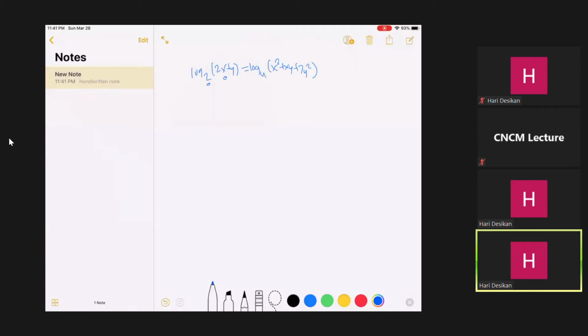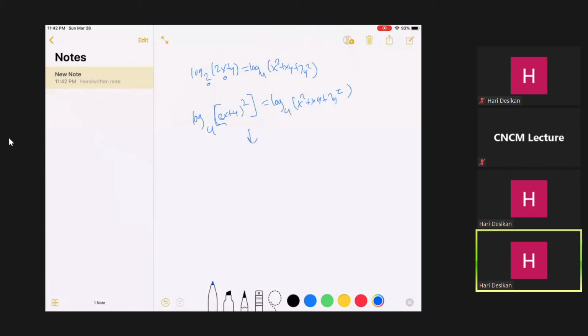So we're going to say this is just log 4 of (2x plus y) squared. You can prove that this works with a change of base formula, but the whole point of using it is to omit the proof. And this equals log 4 of x squared plus xy plus 7y squared.